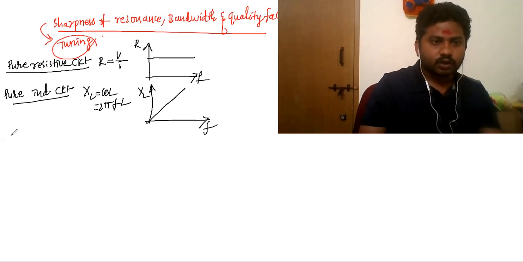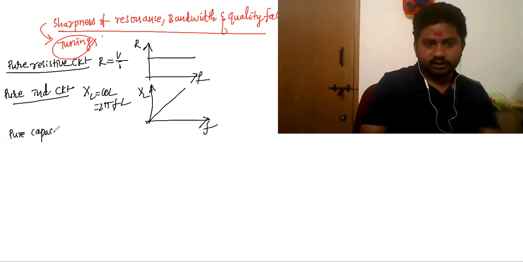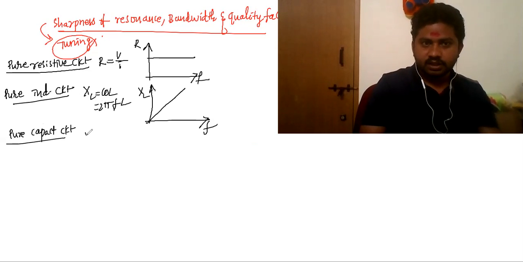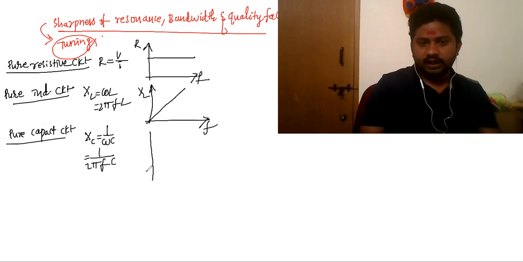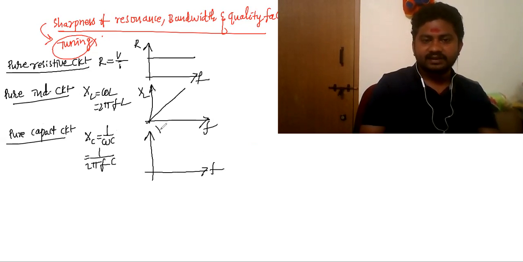In case of a pure capacitive circuit, my dear students, what happens? This is Xc is equal to 1 by omega c, which is 1 by 2 pi f into c. So this is f and this is Xc.